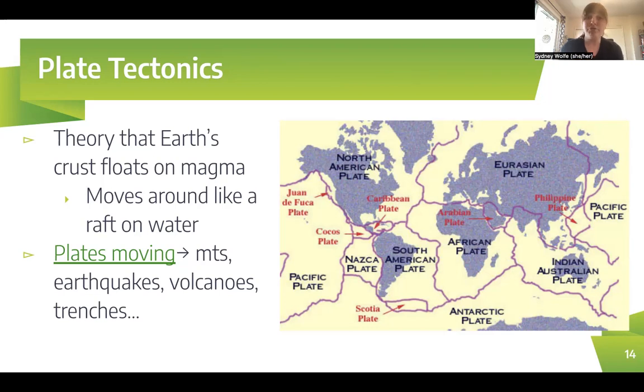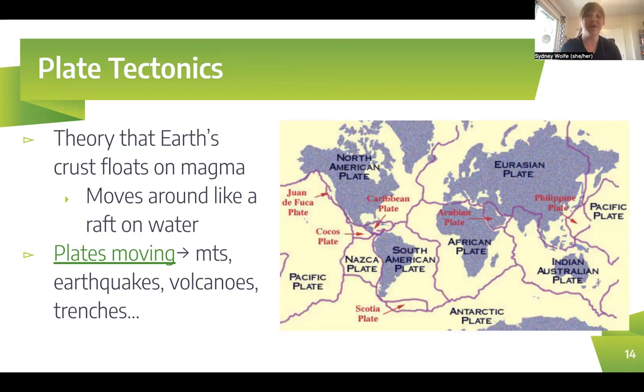Think about yourself in a pool, whatever temperature you love that pool to be. You are on a raft. When the water underneath you moves, you also move because the raft is moving. That is exactly how plate tectonics works, because the plates that hold up the continents are on top of that magma. So when the magma moves, when it's circulating around underneath, the Earth's crust and the plates are also moving, which can cause all different types of things to happen to the Earth.